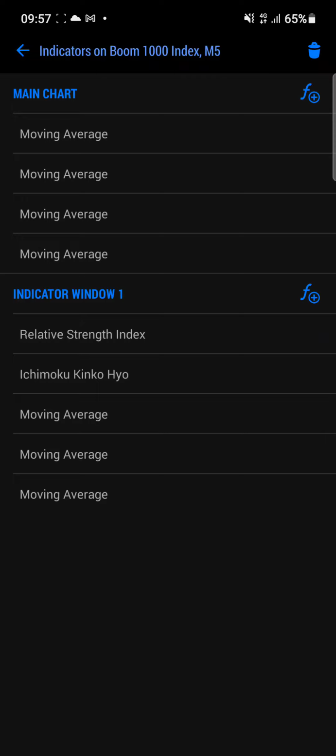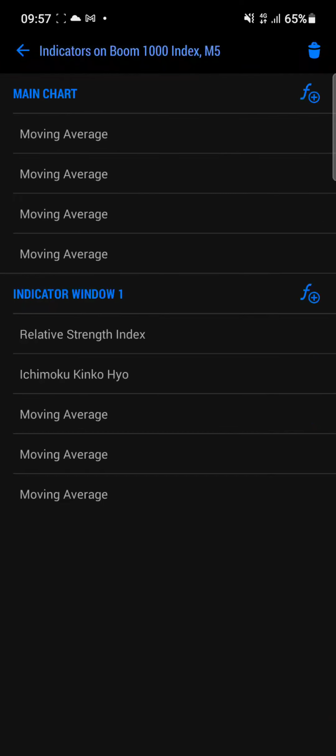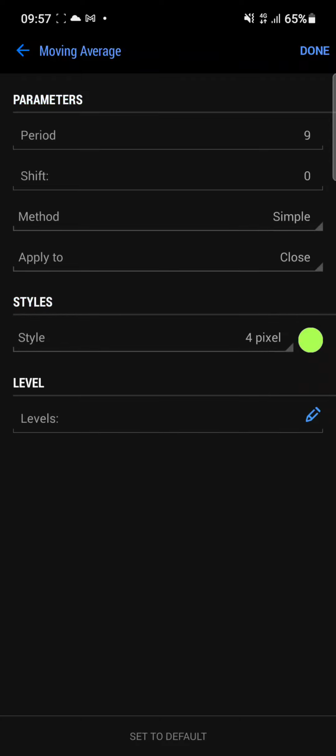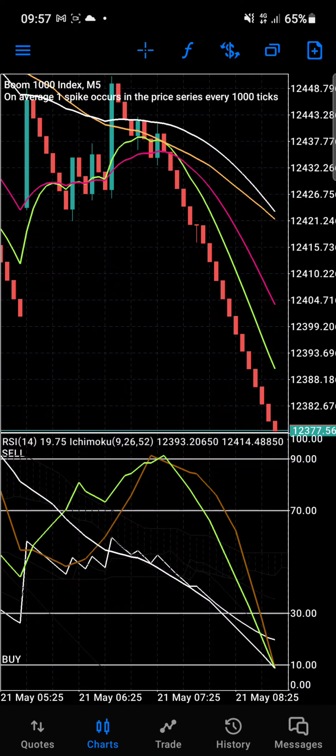Then the moving average is 2. I'm having moving average 20, moving average 9, and moving average 55 right there. So that is how it works, guys. Let's now see how it works.